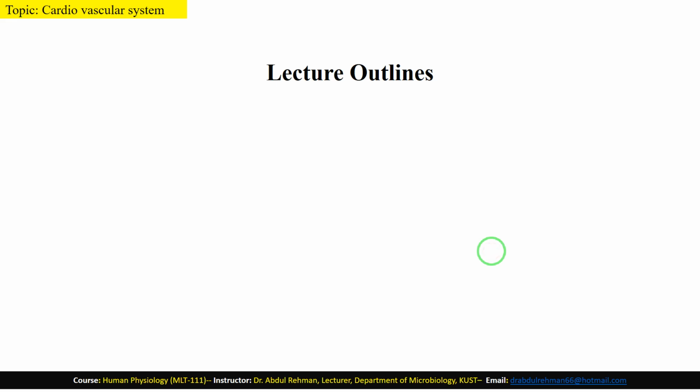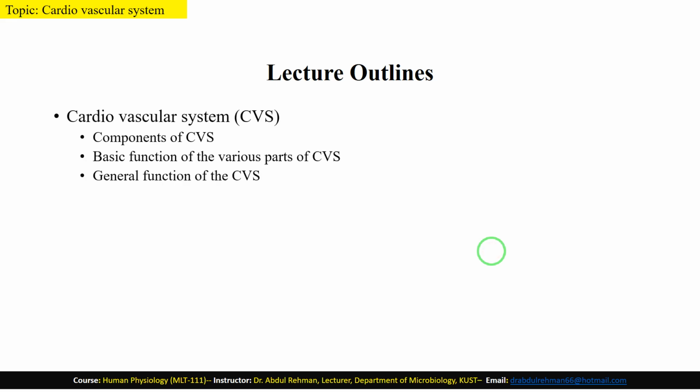Lecture outlines. First, we will discuss the cardiovascular system, which is a closed system, and it contains different components like heart, blood vessels, capillaries, arteries, veins, and then we will discuss the basic function of different parts of the cardiovascular system.